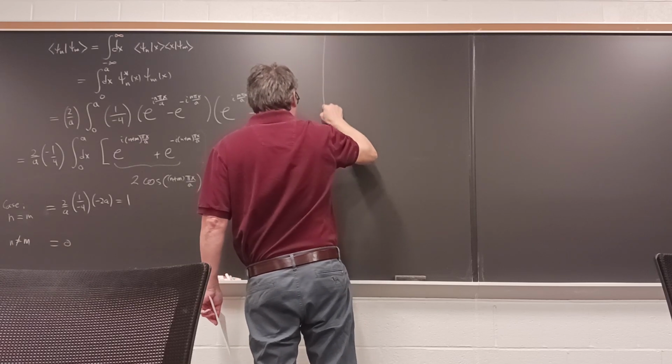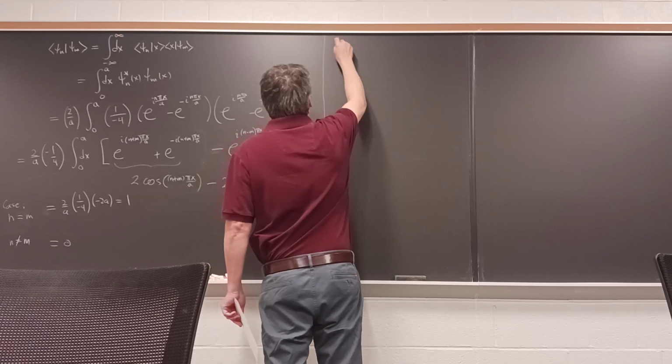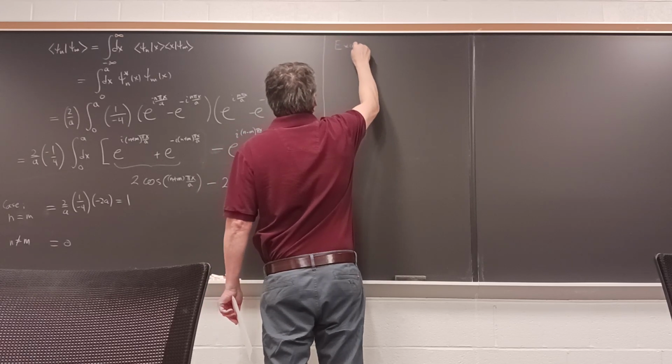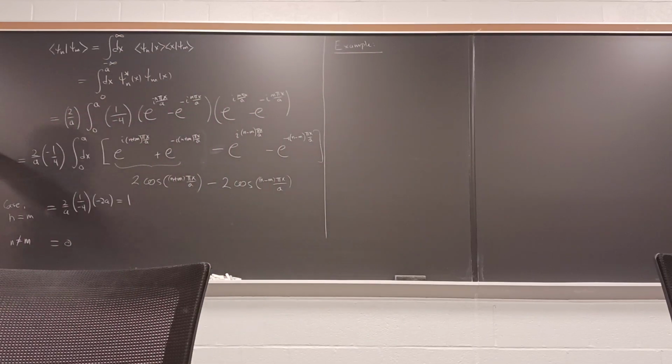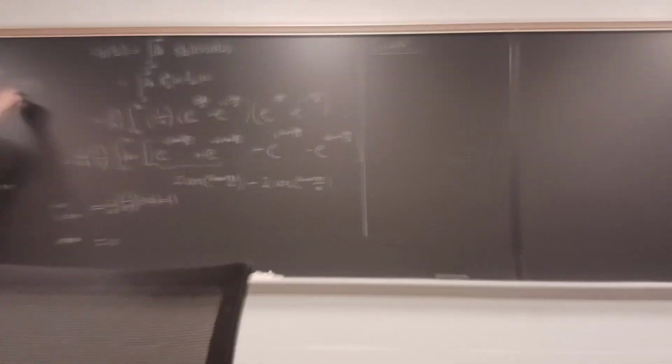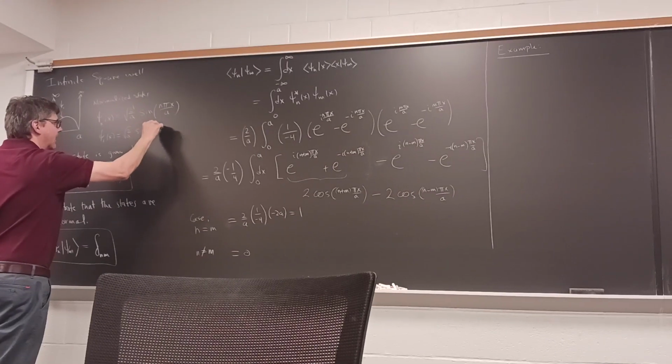So let's look at an example. We know that the base state, the ground state, psi 1 of x, is n equals 1, so it's just sine of pi x over a.